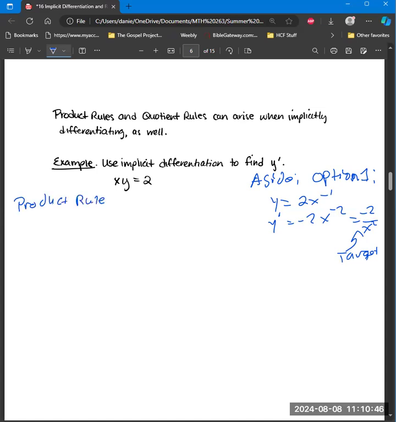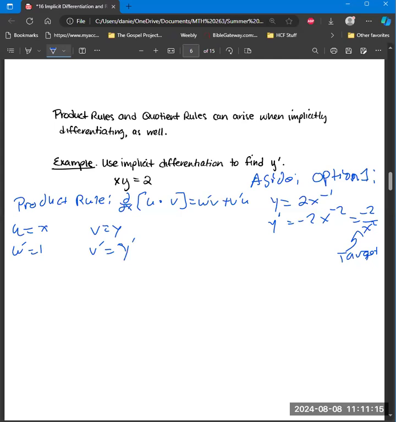And the product rule on the left-hand side says the derivative with respect to x of u times v is equal to u prime v plus v prime u. So I'm going to let my u be equal to x and my v be equal to y. My u prime is going to be 1. My v prime I'm going to let be y prime, since I'm already using prime notation in my rule.